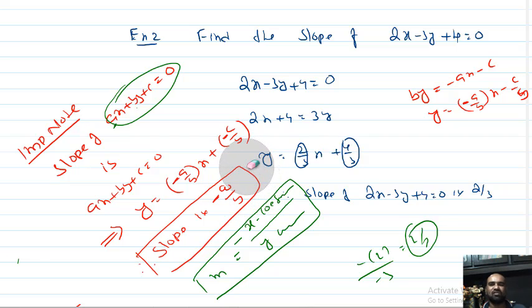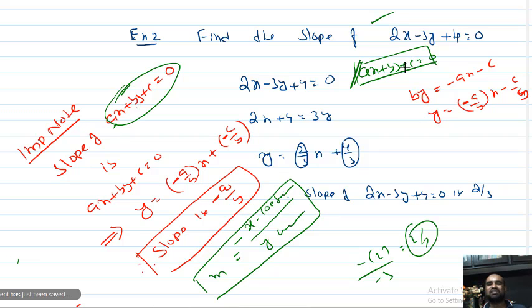This also you can convert into y equal to mx plus c only. What is the meaning of that? A linear equation in two variables, ax plus by plus c equal to 0, always represents a straight line, with one condition, which I will explain. So, a linear equation in two variables will always represent a straight line on the coordinate plane.